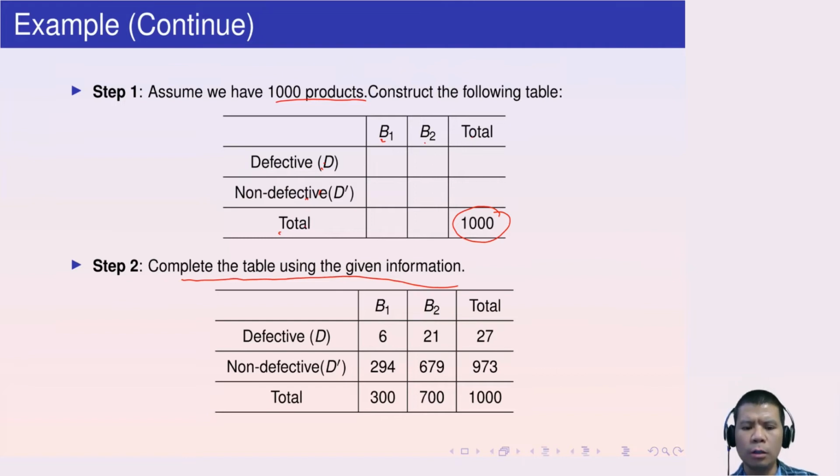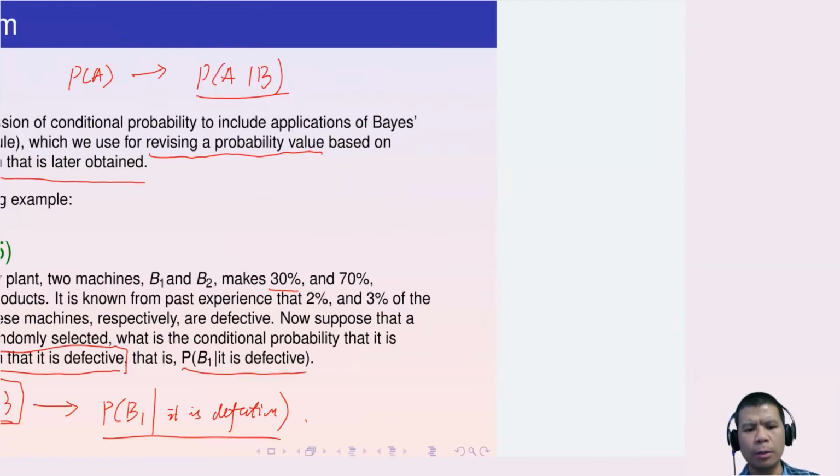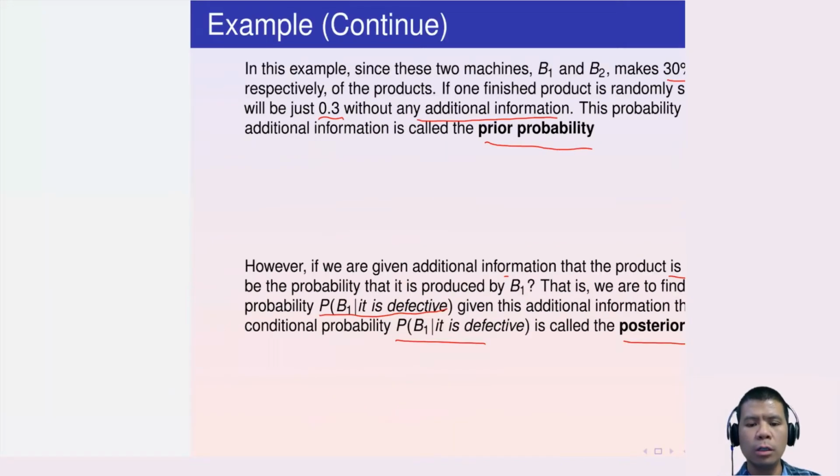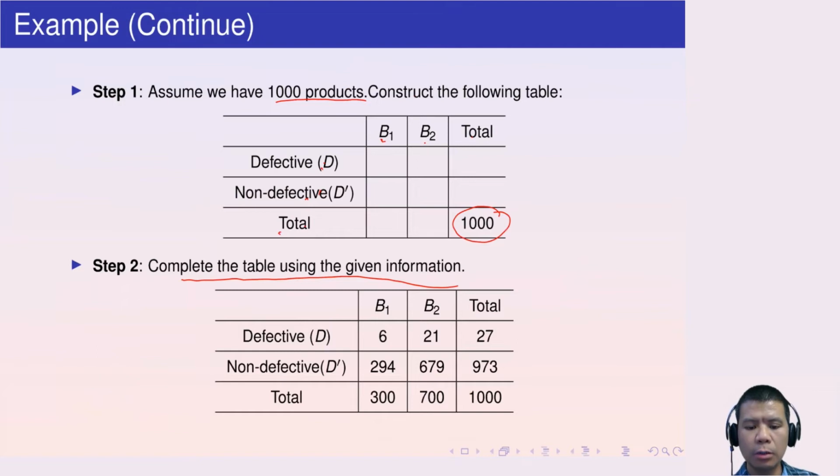From the example, we know that B1 and B2 make 30% and 70% respectively. If we have 1,000 products in total, 30% are made by B1, so B1 will be 1,000 times 0.3, which is 300.